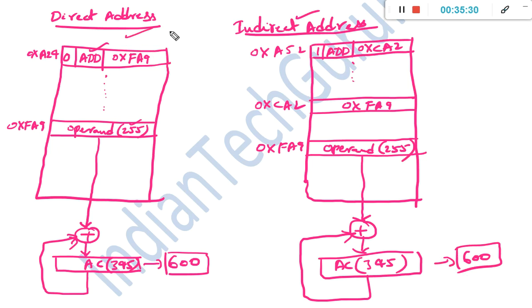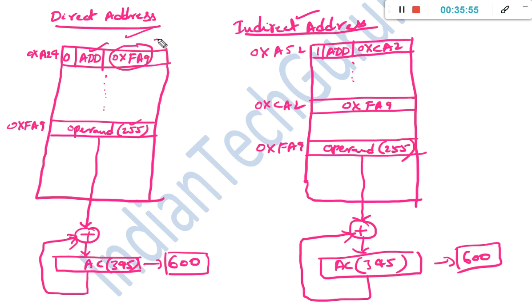Now we have seen two different address modes: how it looks in case of the direct address mode, and how it looks in case of the indirect address mode. However, if it is an immediate mode, then the data itself will be stored instead of the address location.